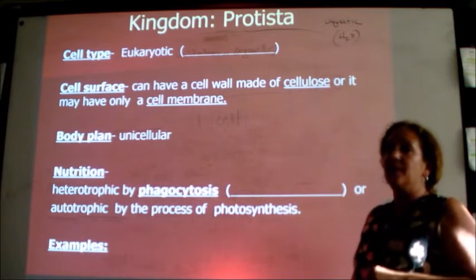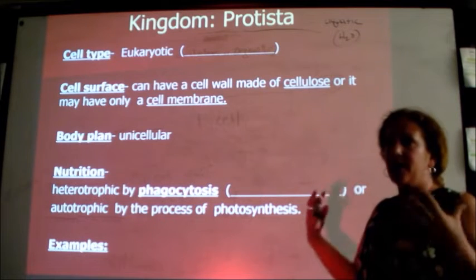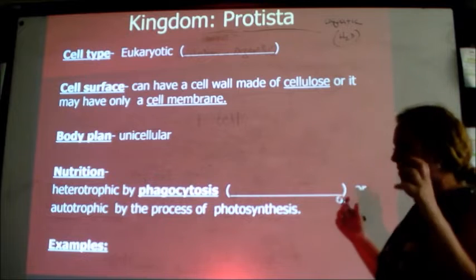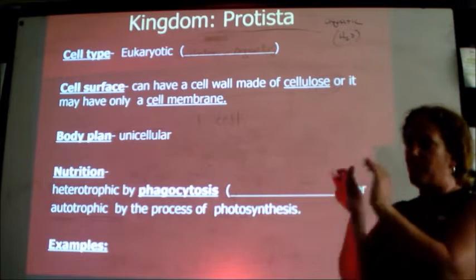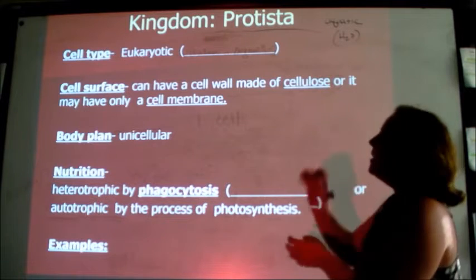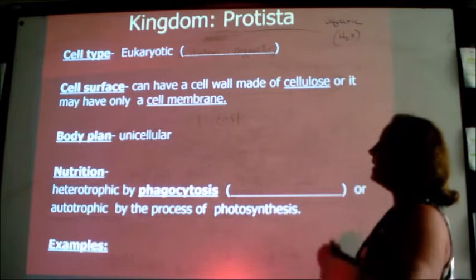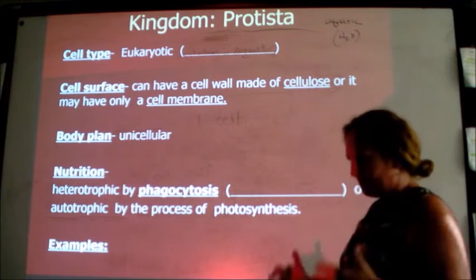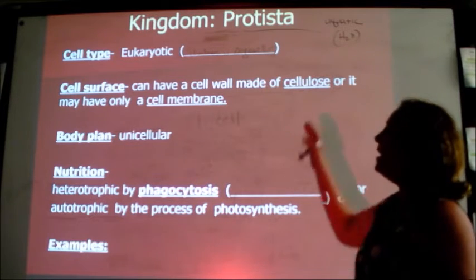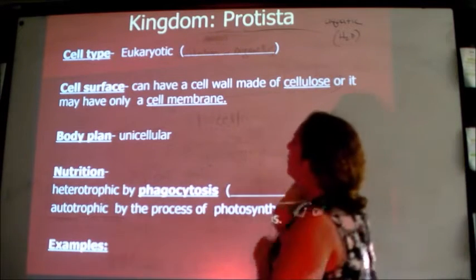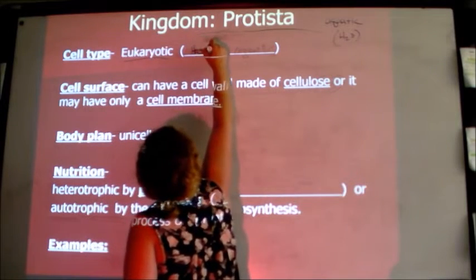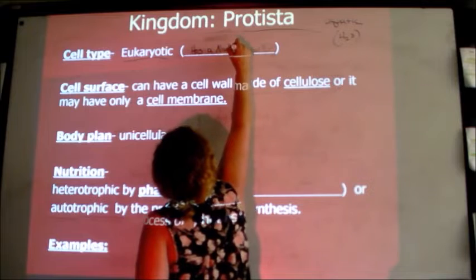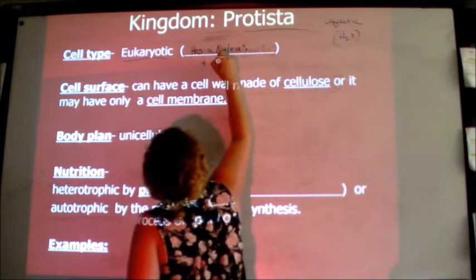Now, they're the first species to have organized cells, to have their DNA in a nucleus, and have all their other cell processes packaged nicely into organelles. These are the first guys in the evolutionary timeline to evolve the nucleus. So eukaryotic means has a nucleus and organelles.